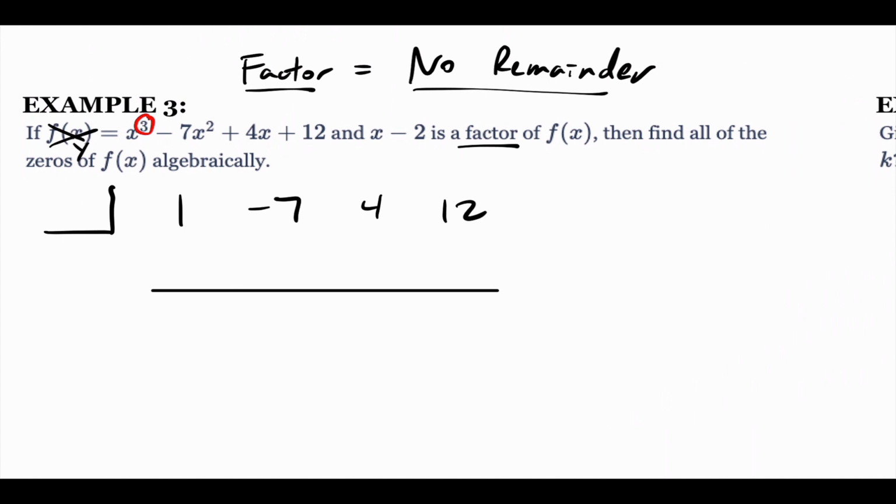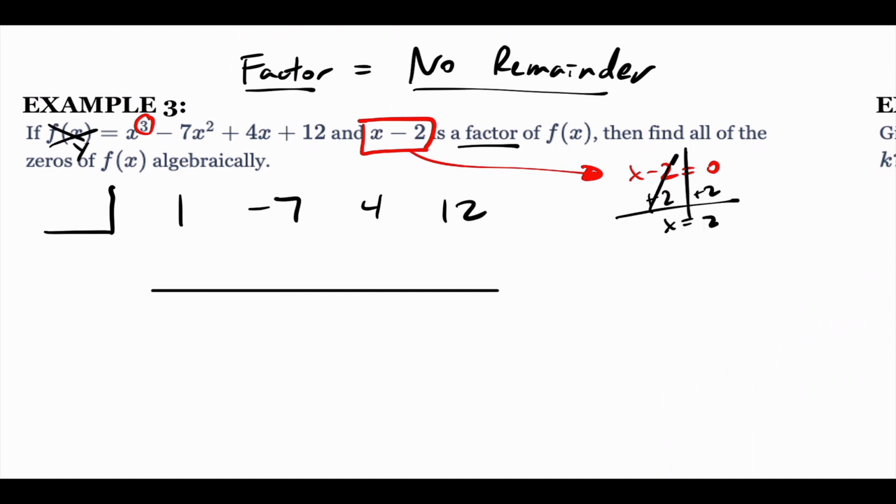Positive 2, because if you solve it for x, you're going to get 2 as an answer. Okay, do your process. We should get 0 as a remainder. So the last number here should be 0. Better be 0, because that's what they said. It's a factor. So let's go.